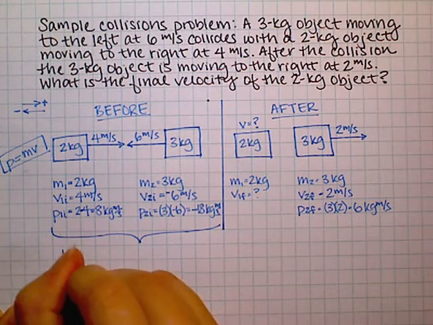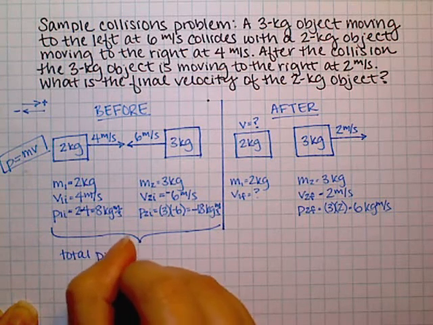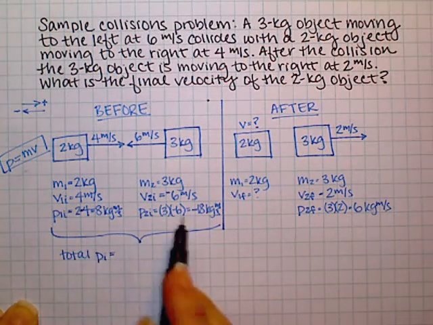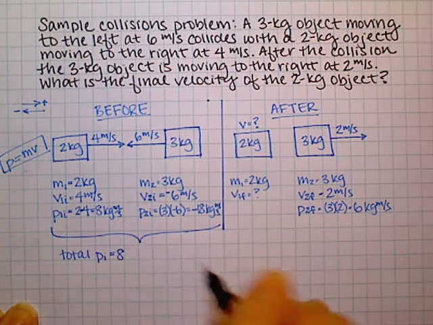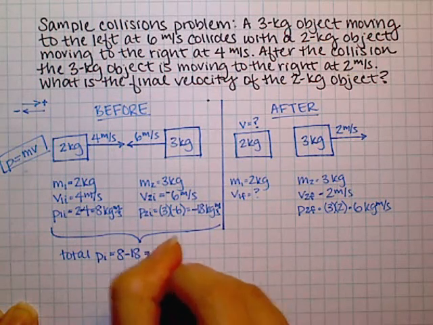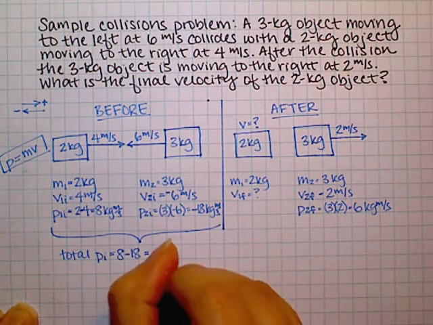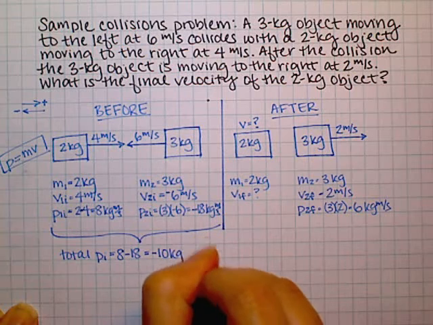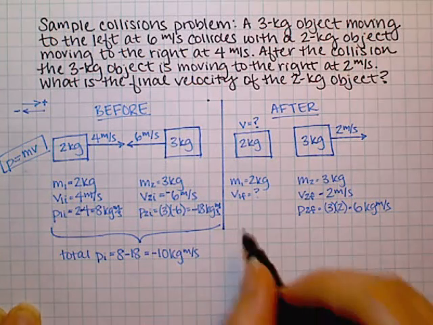My total initial momentum is the sum of the momenta of my two objects. So I've got 8 and then negative 18, which gives me a total combined momentum for my system of negative 10 kilogram meters per second before that collision. So that total means 10 kilogram meters per second of momentum to the left.